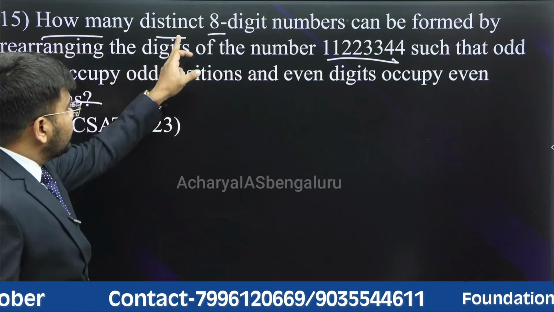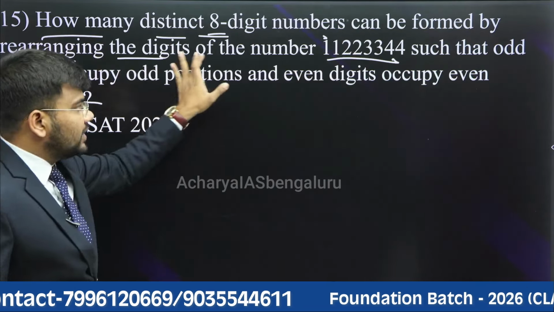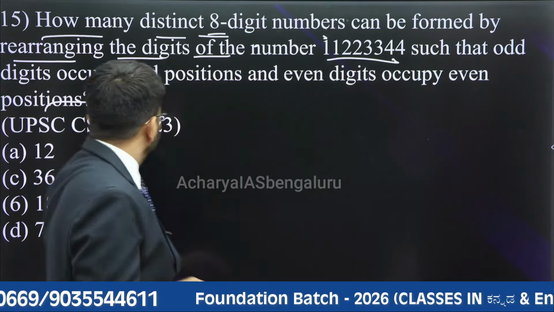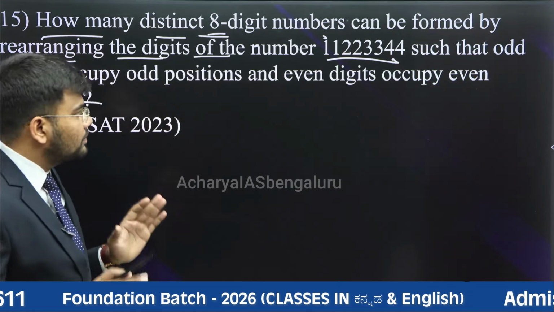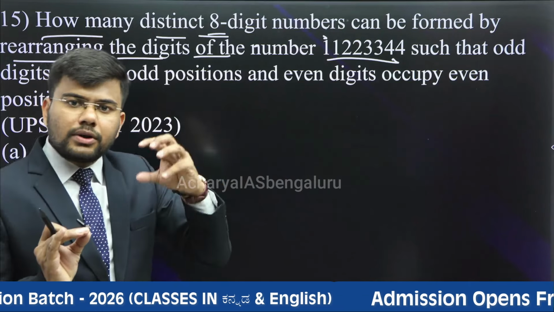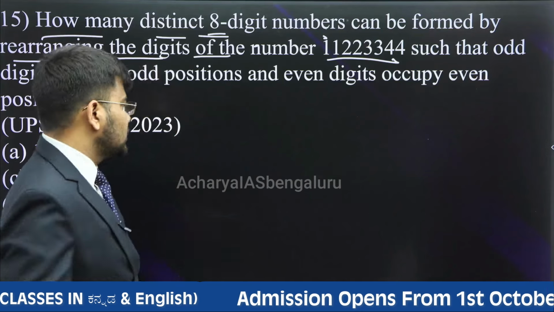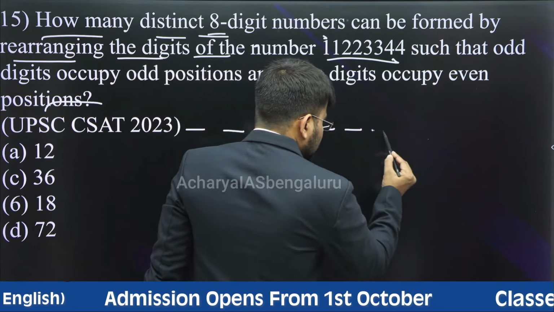Coming back here, 8-digit numbers can be formed by rearranging the digits of the number 1, 1, 2, 2, 3, 3, 4, 4 such that odd digits occupy odd positions and even digits occupy even positions. You have to form the numbers in such a manner. That is positions 1, 2, 3, 4, 5, 6, 7, 8.